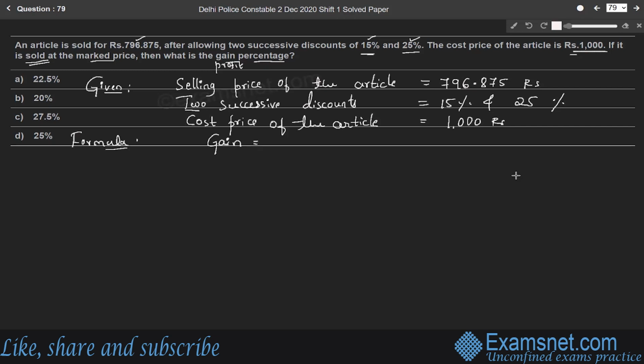What is the gain percentage? Before that, gain is equal to selling price, SP, minus cost price, right? And gain percentage is equal to gain by cost price into 100, right? For certain cost price, gain is some rupees, therefore for 100.